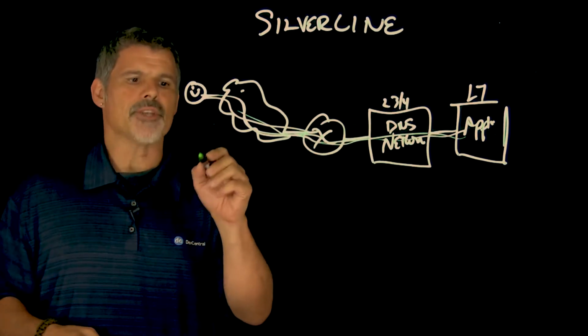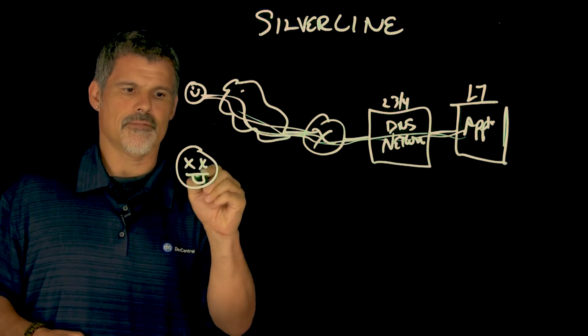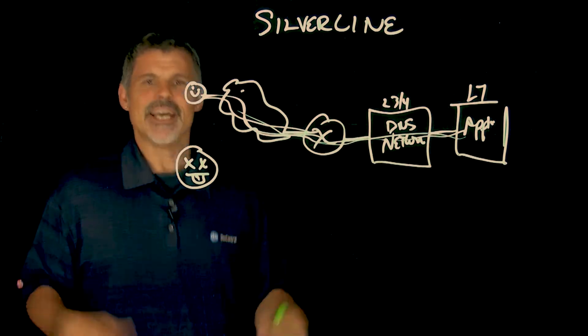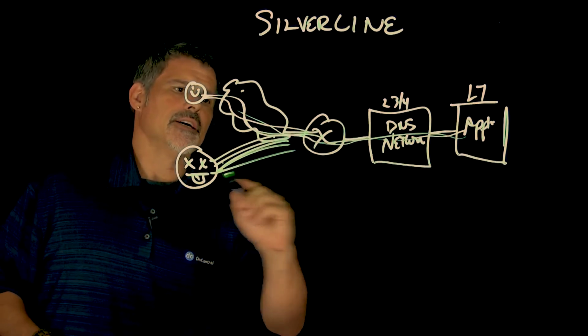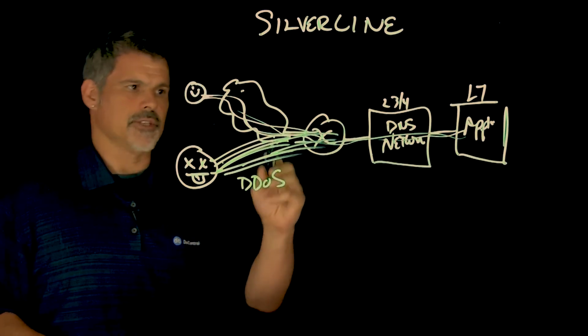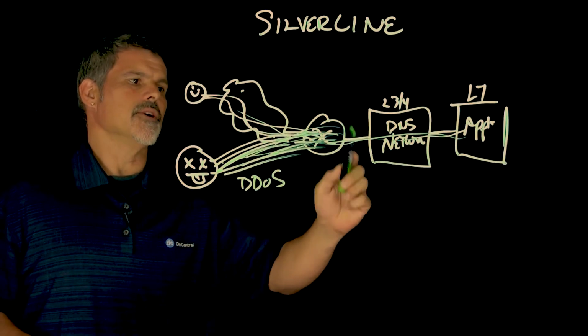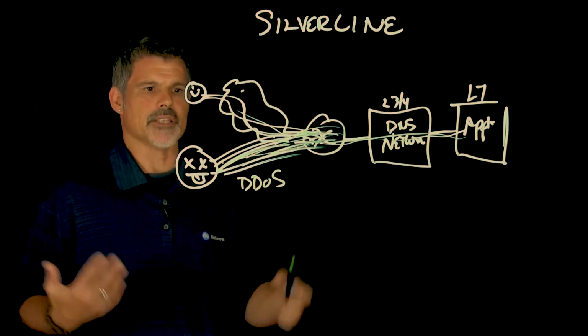But then one day, Mr. Yuck shows up. You guys remember that from the old things. Now, Mr. Yuck decides that he wants to just flood your systems with a distributed denial of service attack. And it could be anything, heavy traffic or other types of attacks.